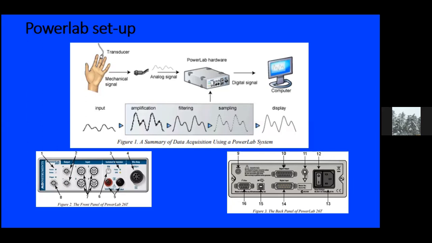It utilizes energy from the power, which is the power input here. But you can also print from this Power Lab, or you can also feed digital information to the monitor.